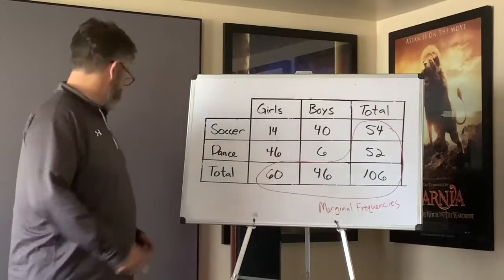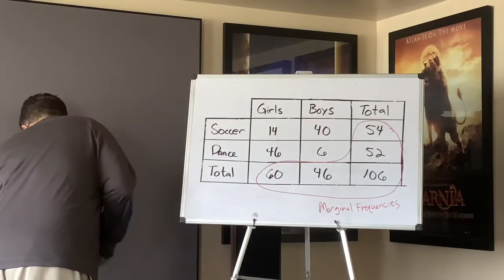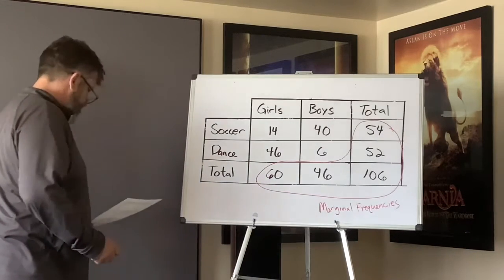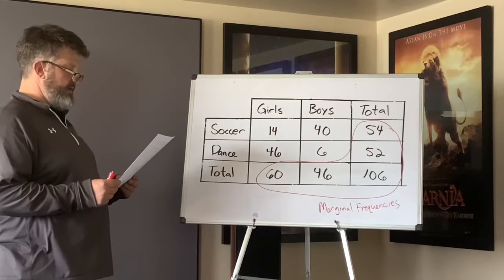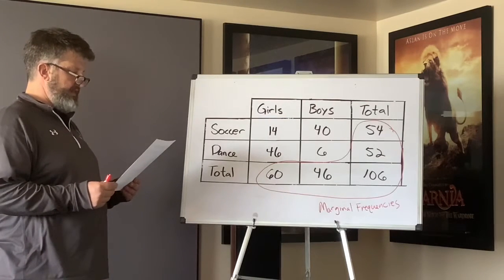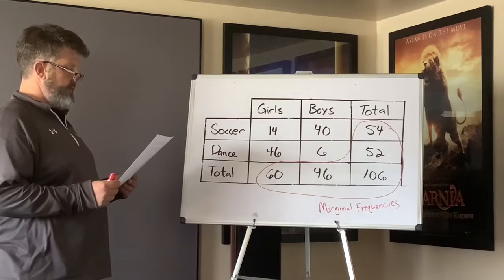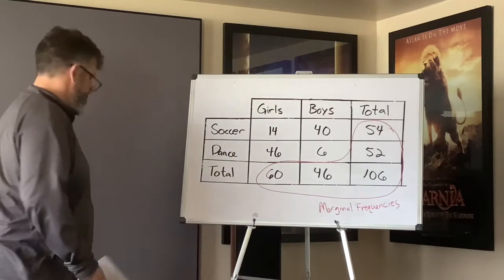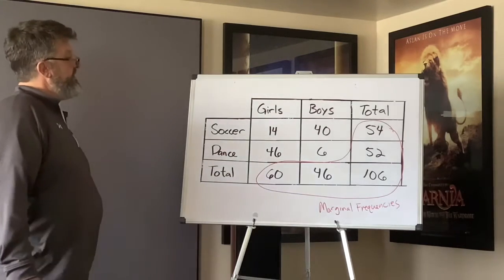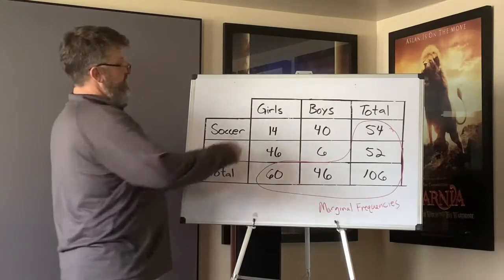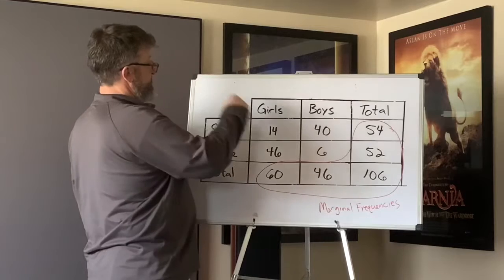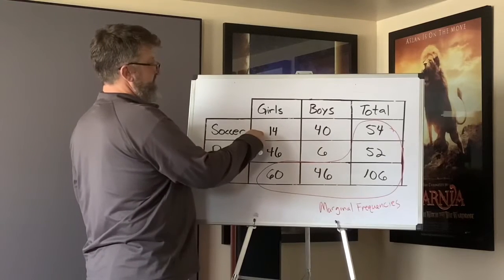Marginal frequencies. Okay, and then it says the values that are part of the inner body of the table are created by the intersection of information from the column and the rows. They are called the joint frequencies. Okay. So when you're looking at this, you're saying, okay, well, I know that this data represents all the girls that wanted to play soccer.